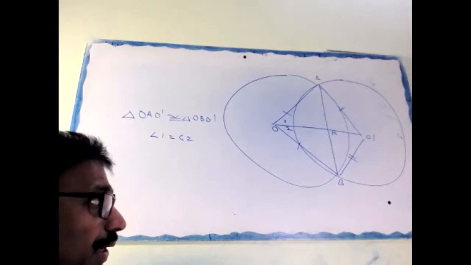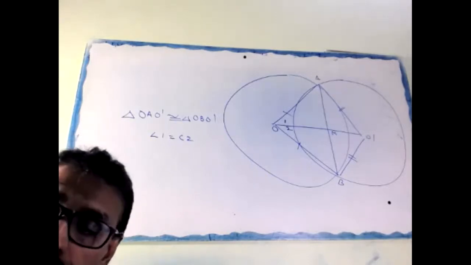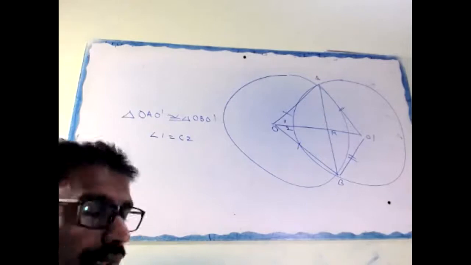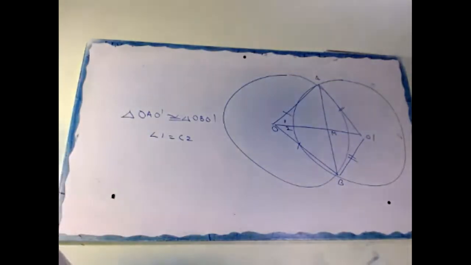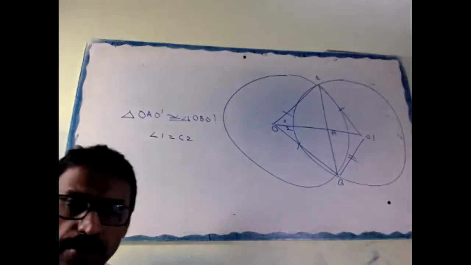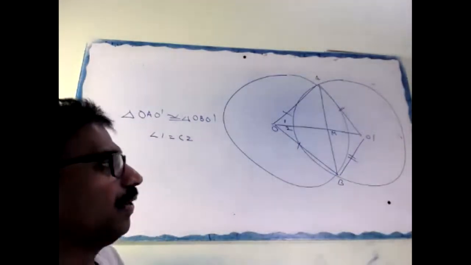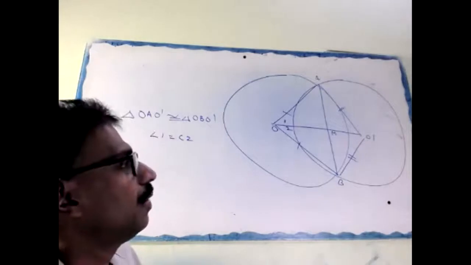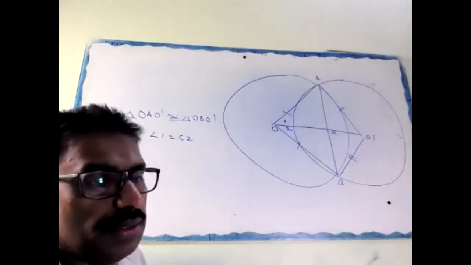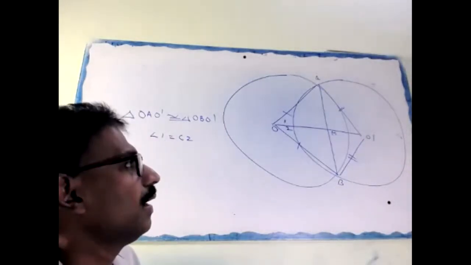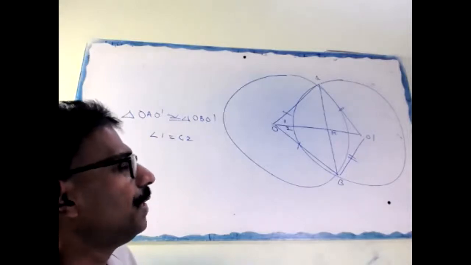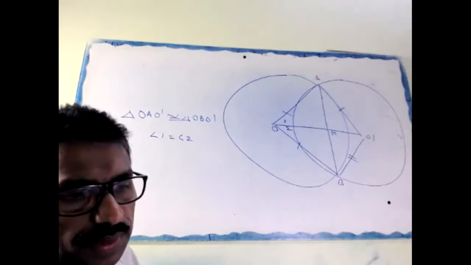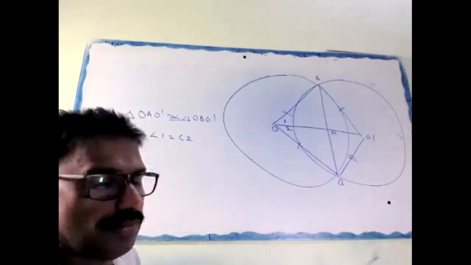Now listen, in triangles OAM and OBM, don't write now. OA equal to OB, radii of the same circle. Angle 1 equal to angle 2, proved. OM equal to OM, common. Therefore, triangle AOM is congruent to triangle BOM, SAS congruency.